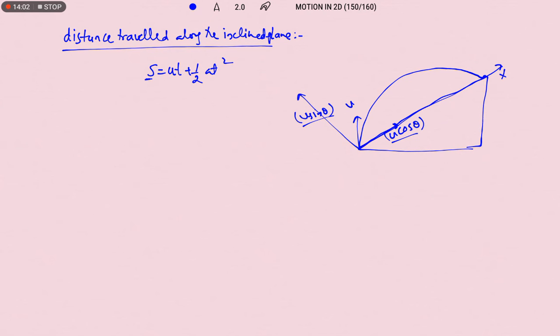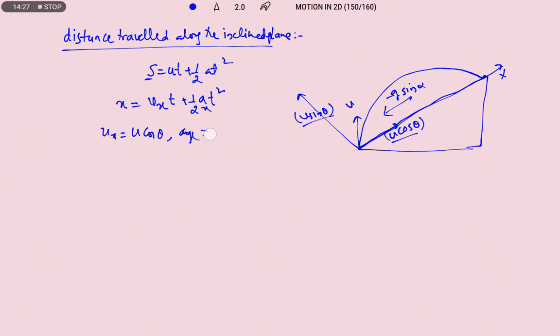Therefore I am taking simply x equals ux t plus half ax t square. So we know that ux is already u cos theta, and ax, the acceleration along the x direction, is minus g sin alpha.